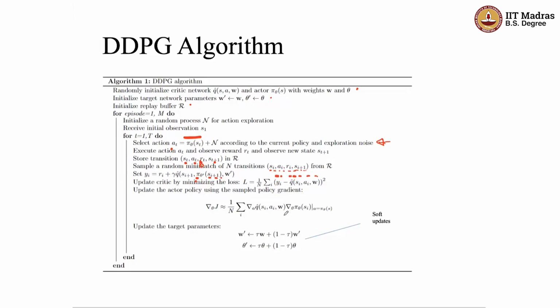And then I can go back and update the actor, not by looking at what the a_i was originally, but by taking the gradient of pi theta at whatever is the action specified by pi theta, and taking the derivative of the Q function and updating it. And then we use a soft update, or what we're calling Polyak averaging, for the target network as opposed to doing a hard update for the target network.